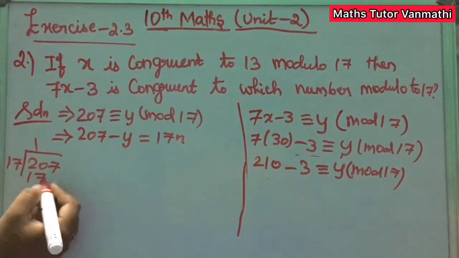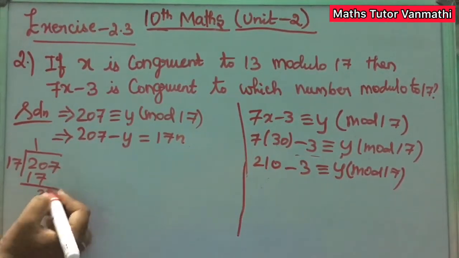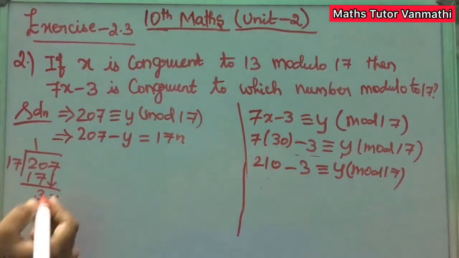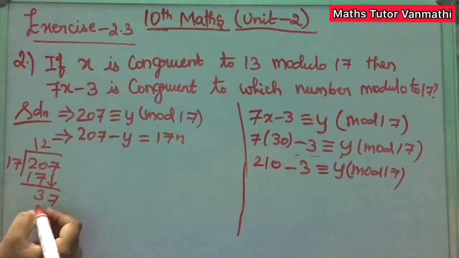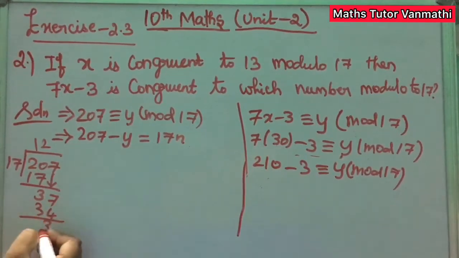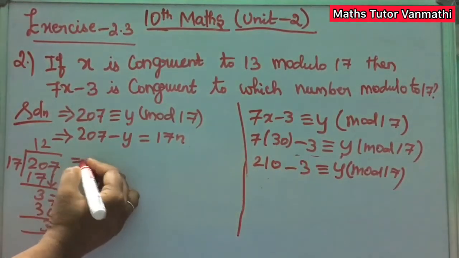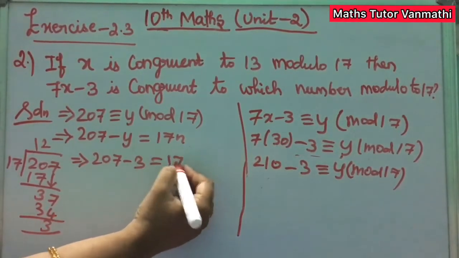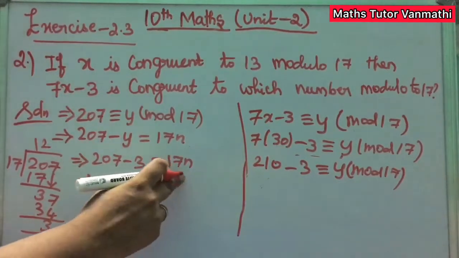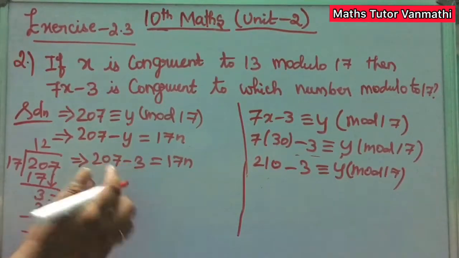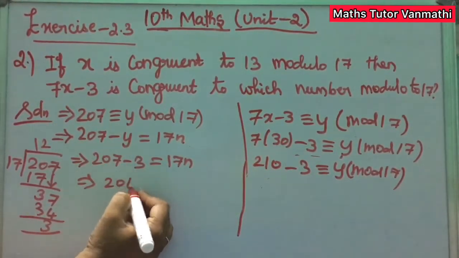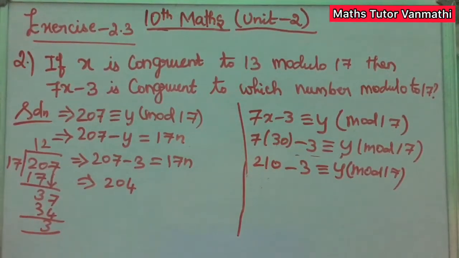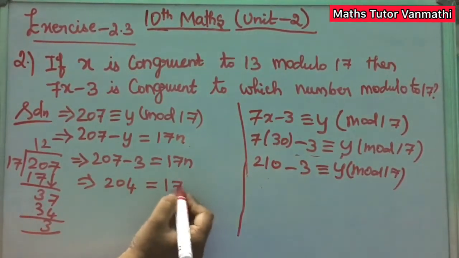On dividing, what you will get? 17 ones are 17, remainder 20 minus 17 you will get 3, and taking the 7 here, 17 2s are 34, and you will get the remainder as 3. So this only is your y value, which implies 207 minus 3, which is equal to 17n, which is a multiple of 17. 207 minus 3, what you will get? 204, which is equal to 17n.